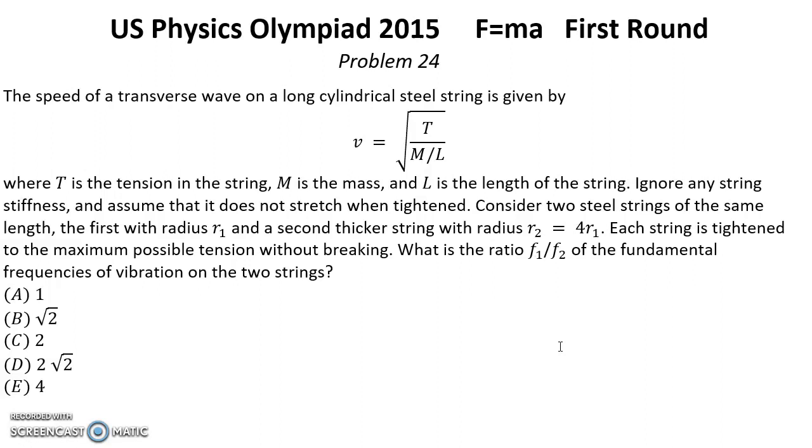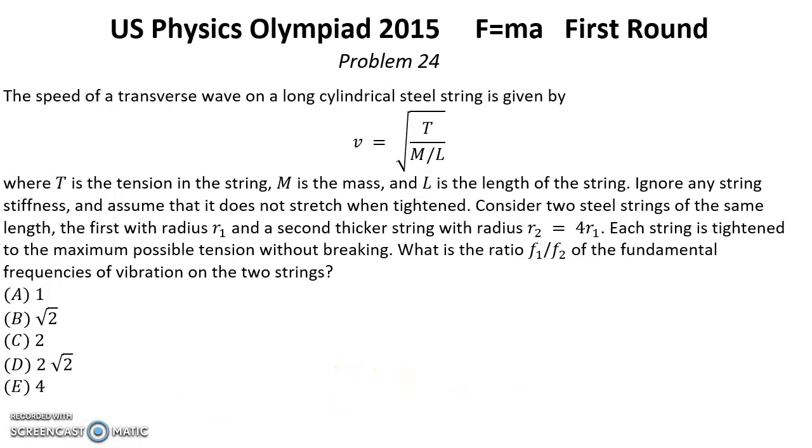Consider two steel strings of the same length, the first with radius R1 and the second, thicker string with radius R2 equal to 4R1. Each string is tightened to the maximum possible tension without breaking. What is the ratio f1 over f2 of the fundamental frequencies of vibration on the two strings?